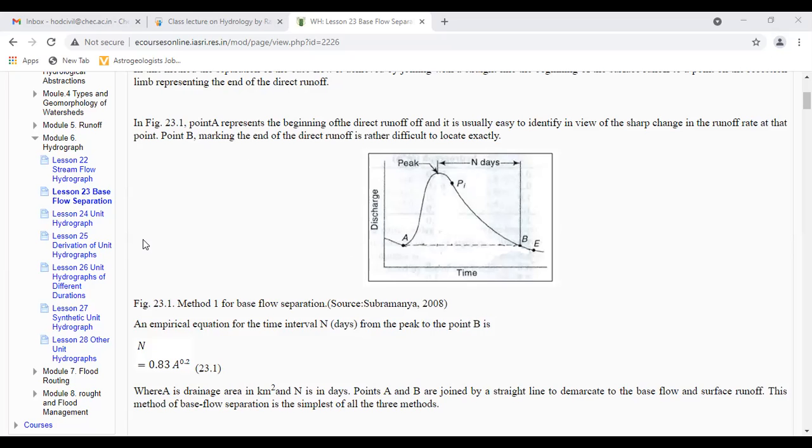While the procedure described above is perhaps the best available, it requires previously observed data on stream flow for a long period, which may not be available in all cases.